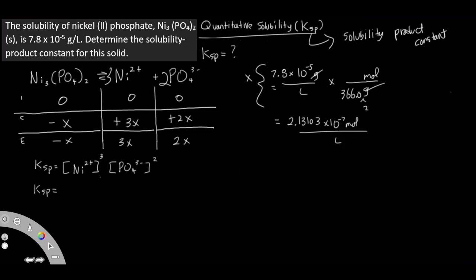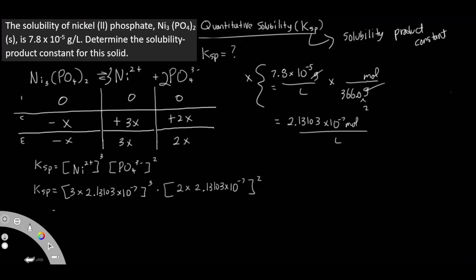Okay, so in our little equation here, again, we can just be putting 3 times whatever our x was. So we can do 3 times, this is our x, to the power of 3 multiplied by our phosphate over here, again 2 times whatever that x was, so 2 times this 2.13103 times 10 to the negative 7.